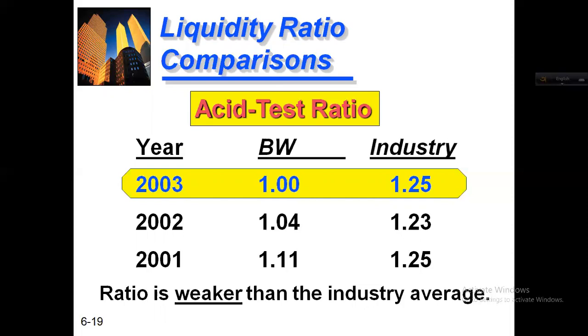So compared to the industry average, our company's quick ratio is lower. That indicates that our liquidity is a little less satisfactory compared to the industry average. The ratio is weaker than the industry average.